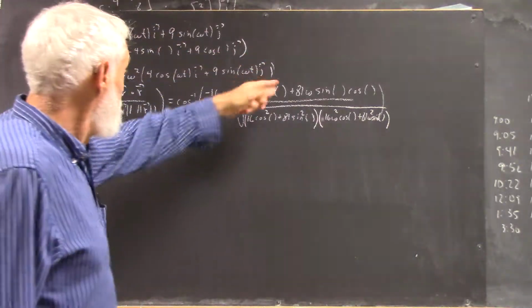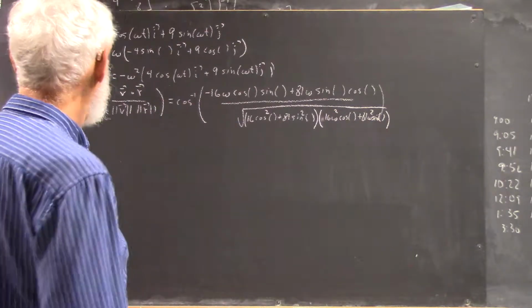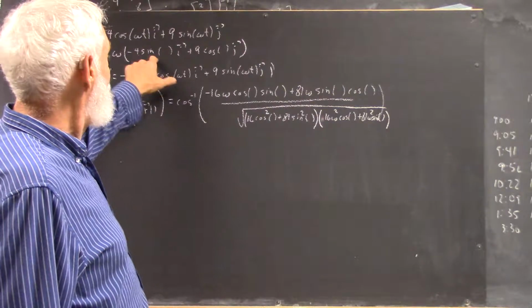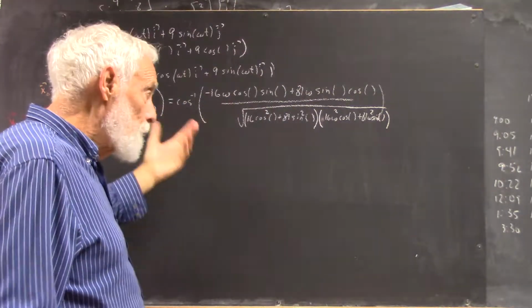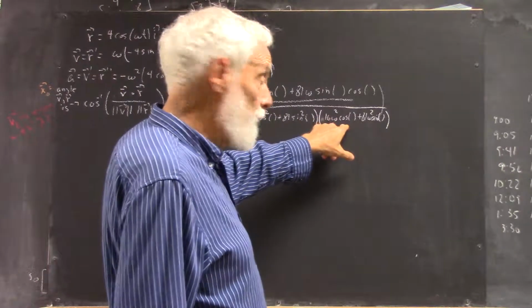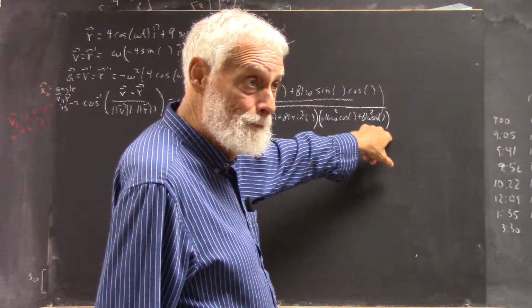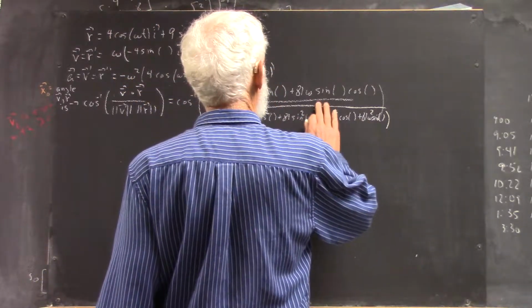And what's the square of V? Well, you got -4 omega times the sine and 9 omega times the cosine, right? Well, you square that, you're going to get 16 omega squared times the sine squared and 81 omega squared times the cosine squared, right? Now, if you want to, we can do this.